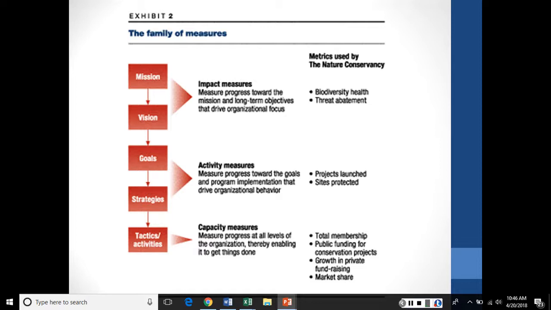By changing parent beliefs, I then was able to reduce the number of kids who were reporting maltreatment. So these are the measures we need to have in place. It's not just looking at these long-term measures. We need to understand how our day-to-day activities are fulfilling our mission.